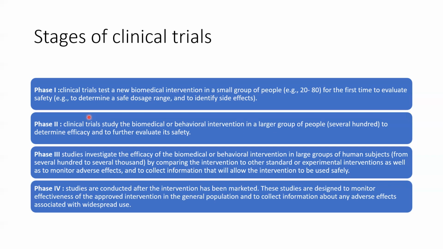And phase 3 studies the actual efficiency of the drug or the behavioral intervention in human subjects. And that involves a good number of people. It may involve around 2,000 to 3,000 people, and it is spanning a large number of nations.